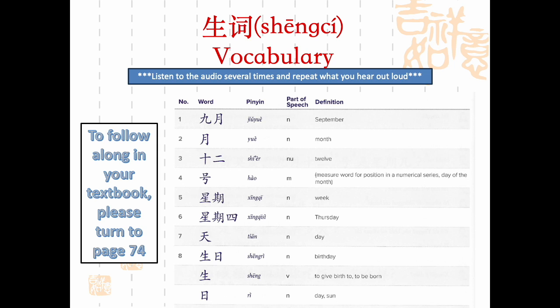Day of the month. 5. 星期 Week. 6. 星期四 Thursday. 7. 天 Day. 8. 生日 Birthday. 生 To give birth to. To be born. 日 Day.